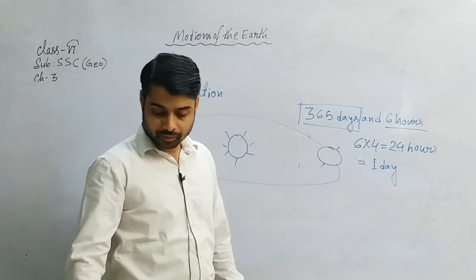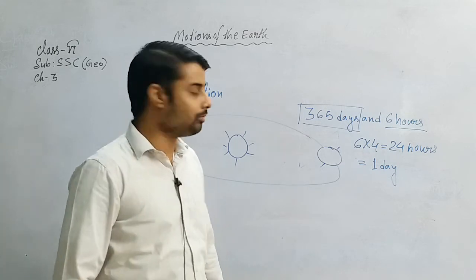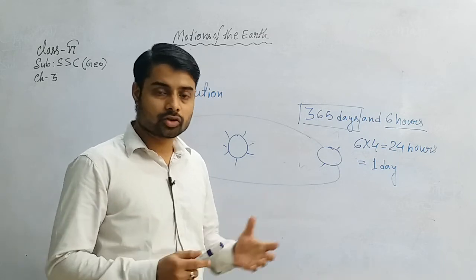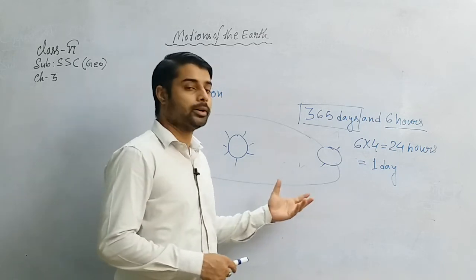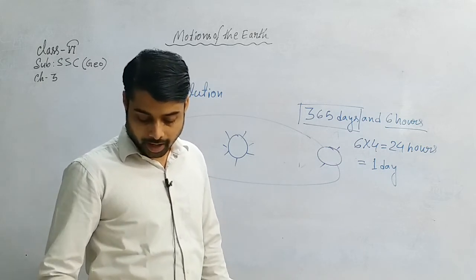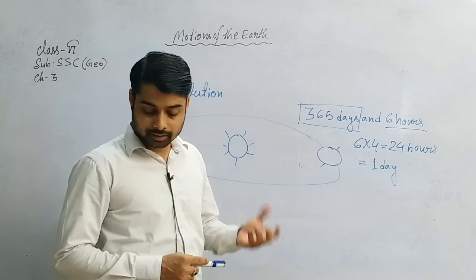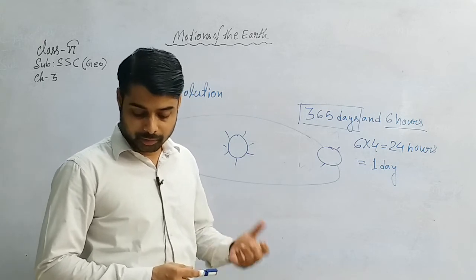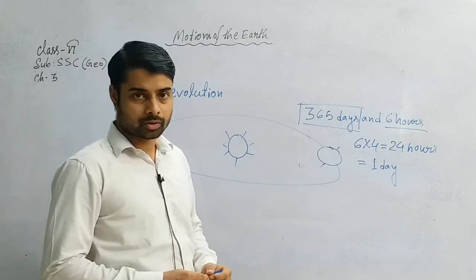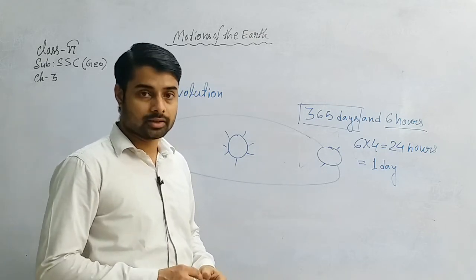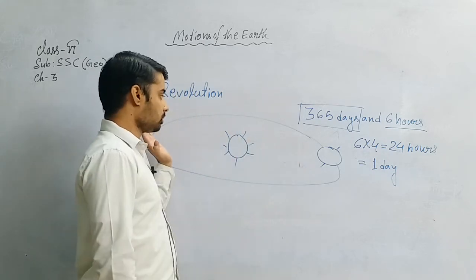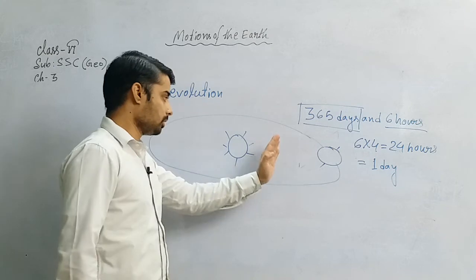Now what are the effects of this revolution? The change of season also occurs due to the revolution of our Earth. It is clear that the earth is going around the sun in an elliptical orbit, and because of this elliptical orbit the seasons change, because the orbit is not the same everywhere.